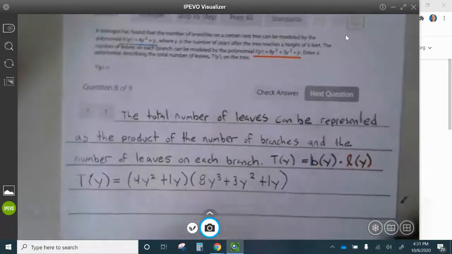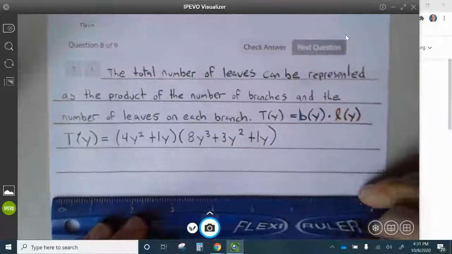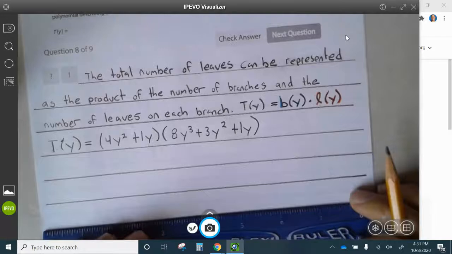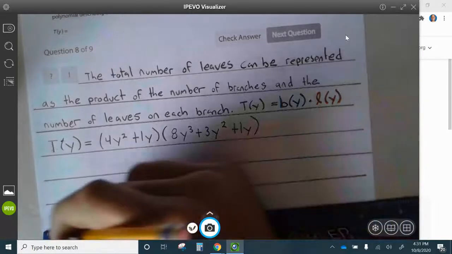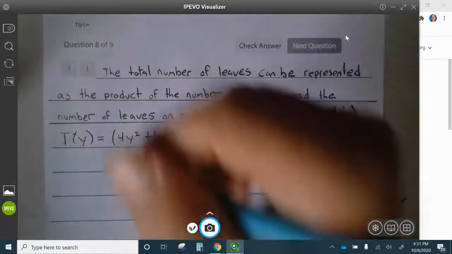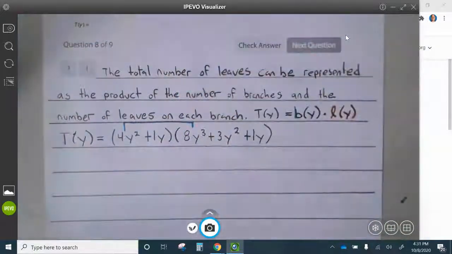Okay, so we're going to multiply, drop in here. So we're going to multiply 4y squared times 8y cubed. So 4 times 8 is 32. y squared times y cubed is y to the 5th.